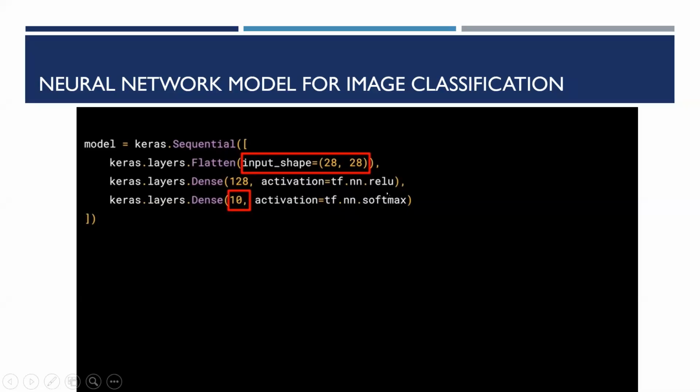rectified linear unit. So what this ReLU does is it will suppress all the values which are less than 0 to 0, and all the values which are higher than 0 will be retained as they are. So that is what you use when using a function called ReLU.